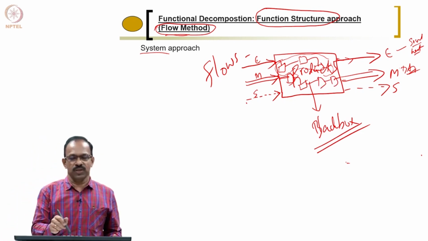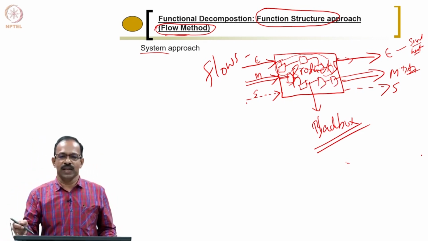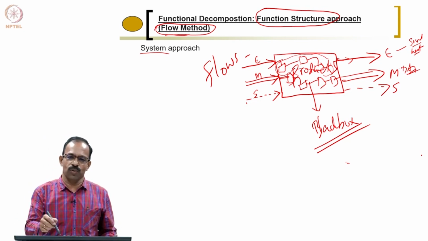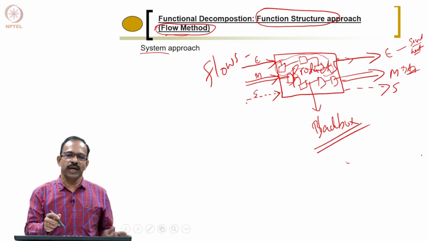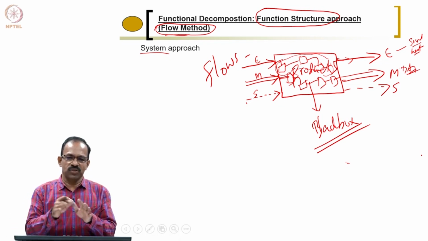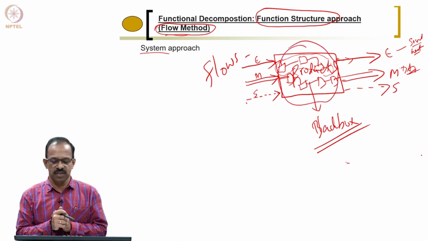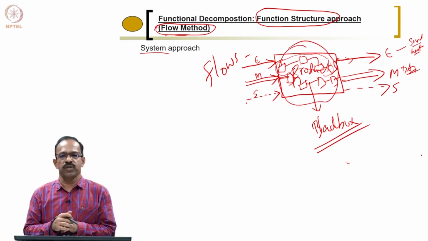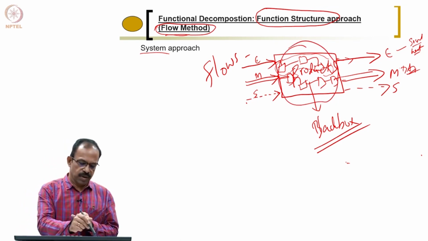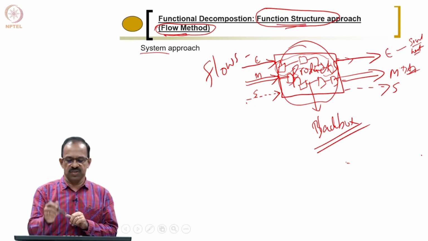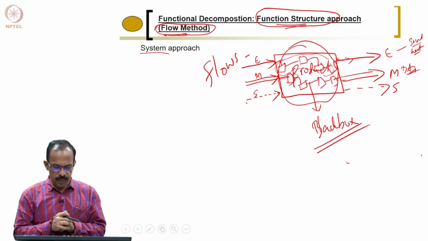Similarly, I am giving dirty clothes and getting clean clothes. So, what is happening to the clothes inside in order to make them clean? All those things happening inside this box are the functions of the product. So, this is the way we decompose the product functions using the flow method or the function structure method.